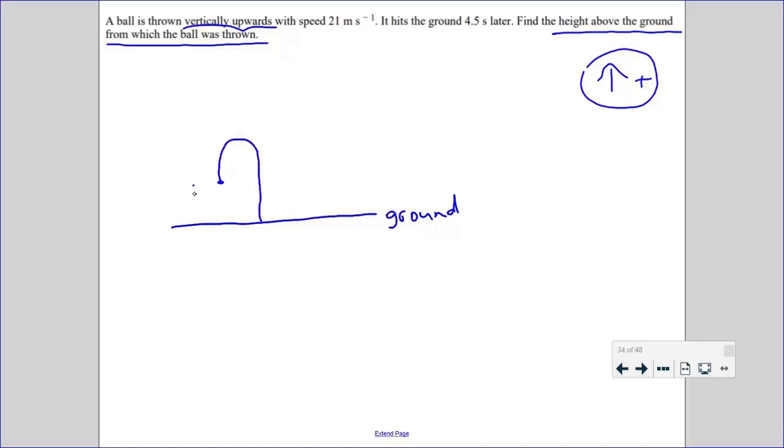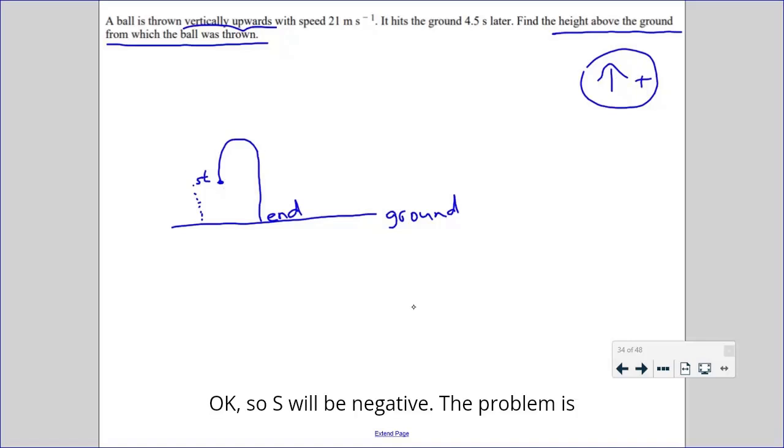So this is what we need to find now. This is your start, and this is your end. We've taken up as positive. That means your displacement, which is S, will be negative, because your ending point is below the starting point, which is down. So S will be negative.